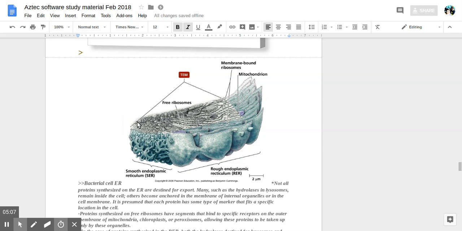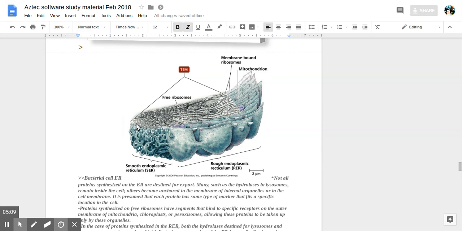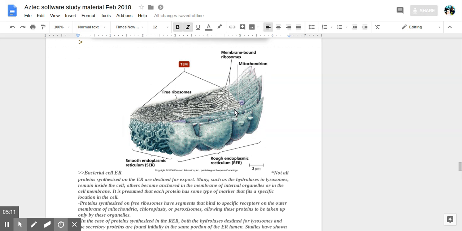Here is a cell's endoplasmic reticulum, showing the smooth ER and rough ER with membrane-bound ribosomes.